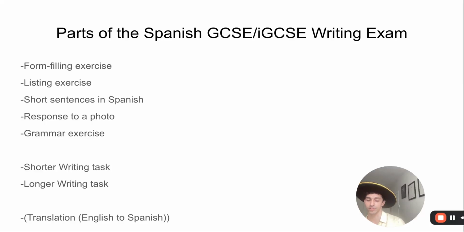But the possible tasks that could come up for your writing exam include the form filling exercise, listing exercise, an exercise where you have to answer in short sentences in Spanish, an exercise where you have to write a brief response to a photo, a mini grammar exercise, a shorter writing task, a longer writing task, and translation, potentially from English to Spanish. So if translation is indeed part of your writing paper, then it would be English to Spanish translation rather than the other way around.